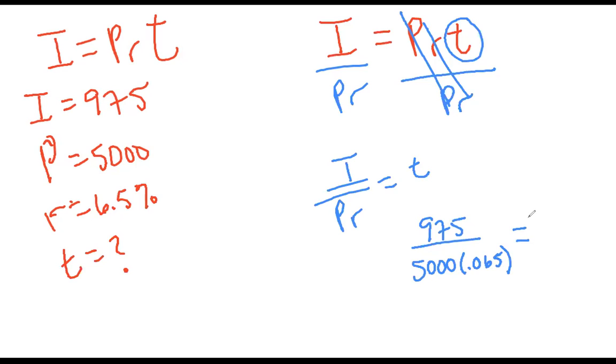Okay, good. 3 years. So 975 divided by 325. T is equal to 3 years.